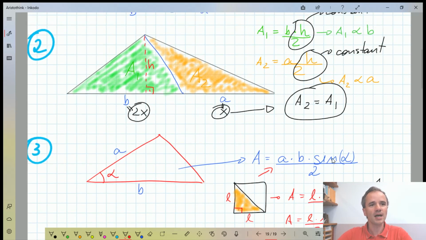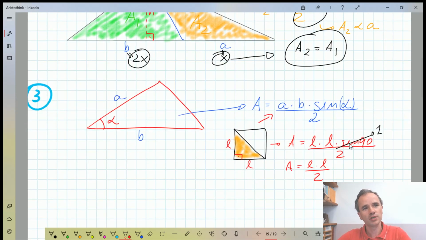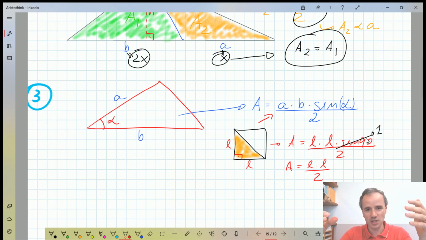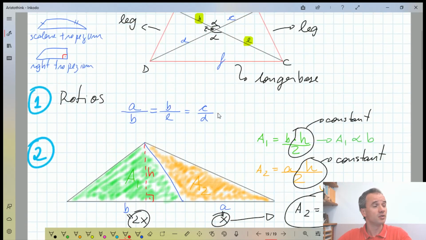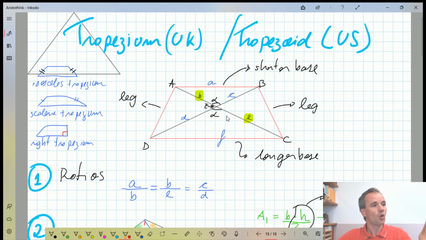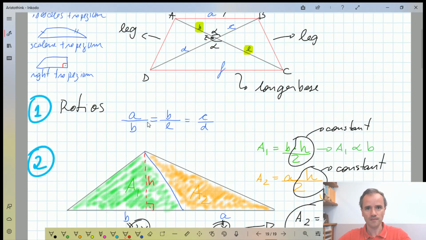Could it be cosine in here? No, because cosine of 90 is 0. So whenever you lose a formula, try to make a very simple shape, and chances are you're going to get that formula back to your mind. So to begin the discussion about areas and trapeziums, we have to know that this ratio exists.